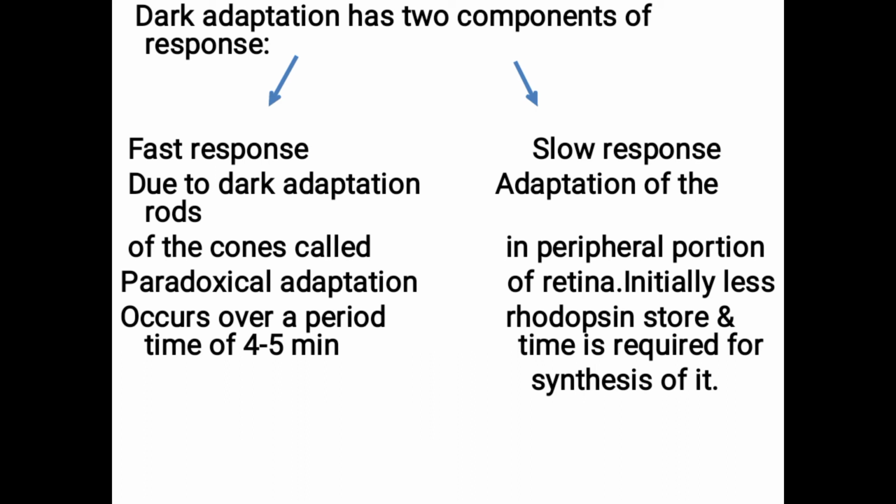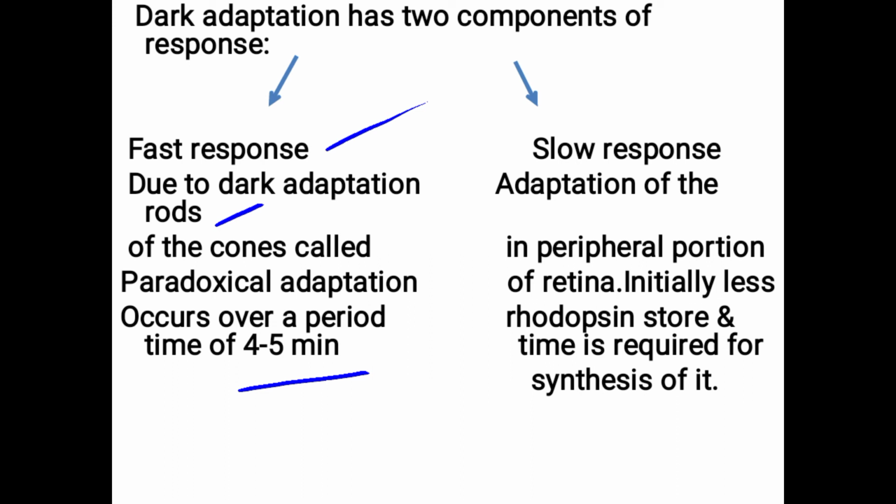It has two components. One is the fast response. Initially, in dark adaptation, the cones get adapted quickly, so it takes place in 4 to 5 minutes. Then the slow response is due to the peripheral portion of the retina getting adapted, with initially less rhodopsin. Rhodopsin is a photopigment present in the rods.